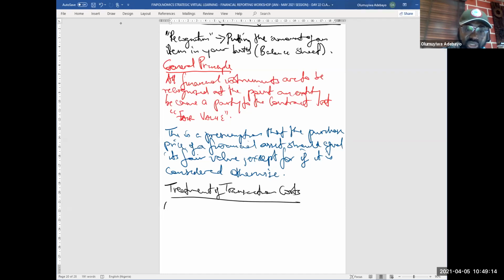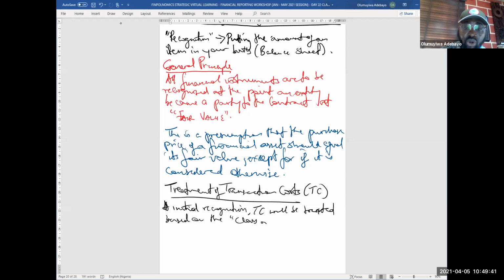At initial recognition, transaction cost, TC, will be treated based on the class or categorization of the financial instrument.